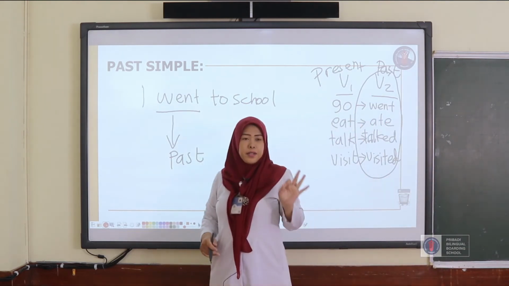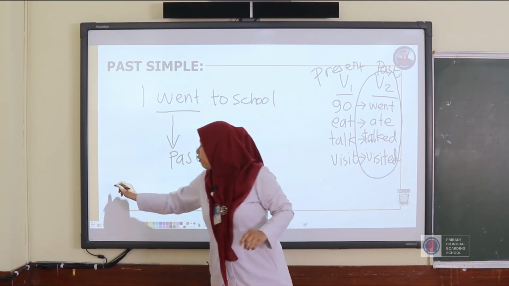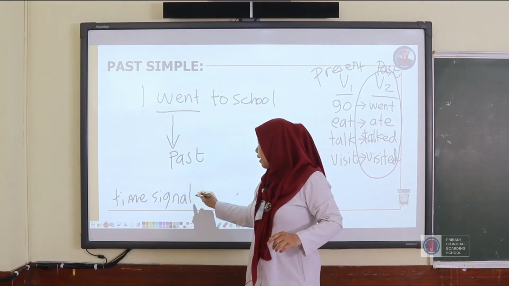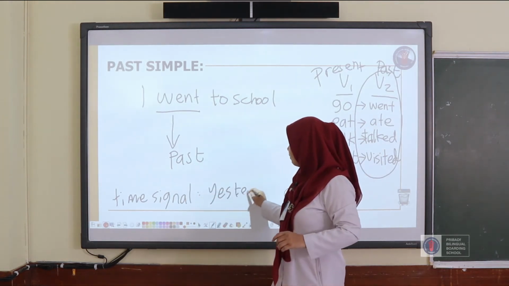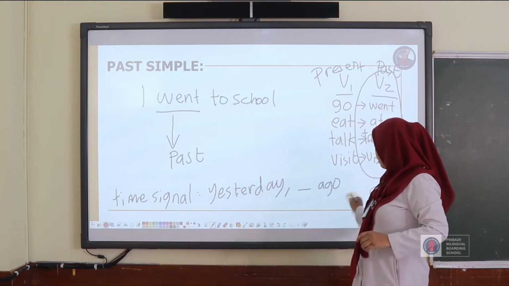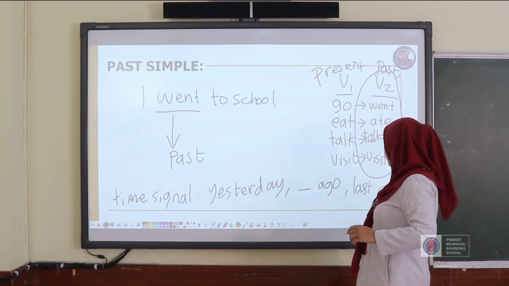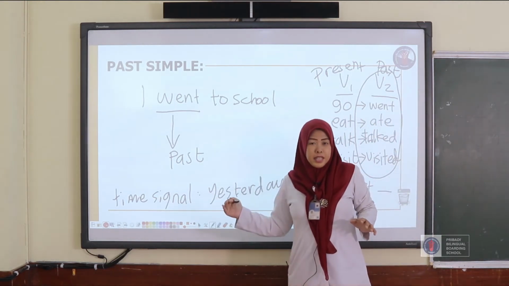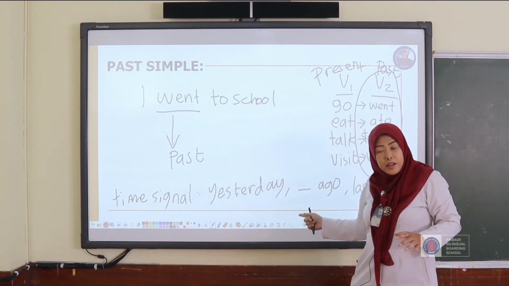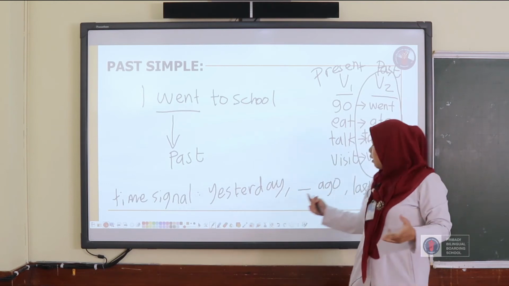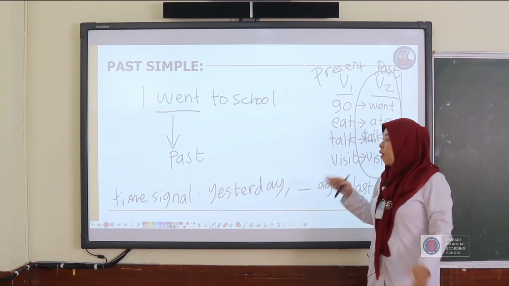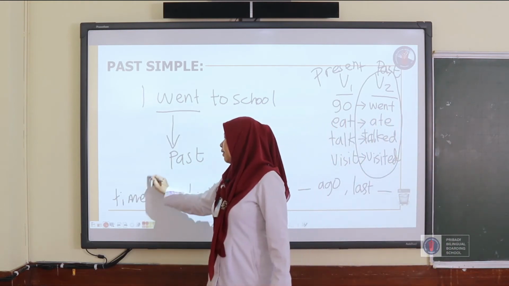There is a characteristic or time signal for past simple, for example, yesterday, something ago, and last something. These are the time signals for past simple: yesterday, 2 days ago, 1 year ago, 2 years ago, 10 years ago, and then last January, last year, last month, all for the past.